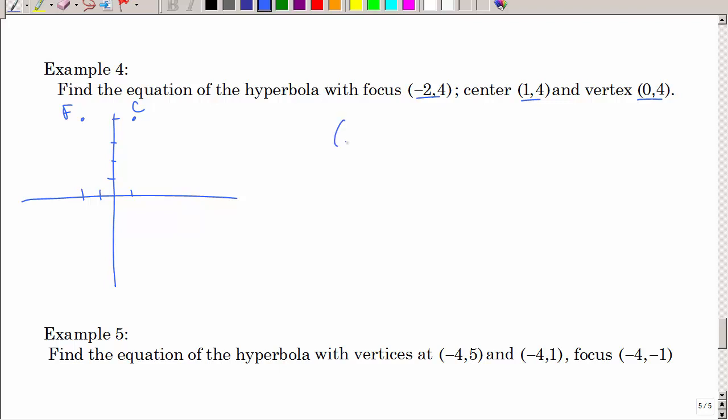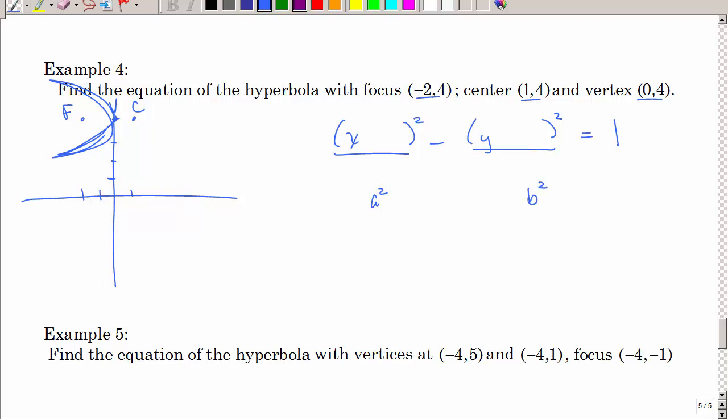So I know my x is going to come first, and my y is going to come second. Let's keep going. And I have a vertex at 0, 4. Okay, so remember, from the vertex, it kind of hugs its focus. That tells me it goes side to side. So I need a squared here and b squared here.